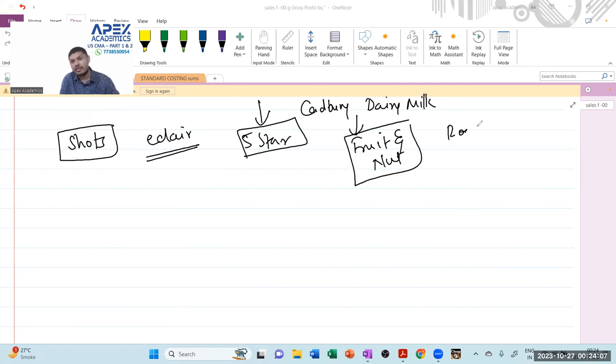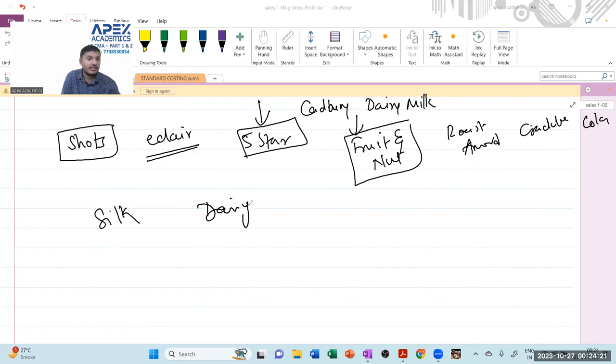Then there's Roast Almond, there's Crackle, there's a Cola flavor, by the way. I don't know if you know, but there is a cola flavor. Then there is Silk. And then there is the regular Dairy Milk, which comes in various sizes: 5 rupees, 10 rupees, 20 rupees, 40 rupees, 100 rupees, and so on. And there are many others, like Cookie Cream. I think there is Oreo flavor. All that stuff is also there.